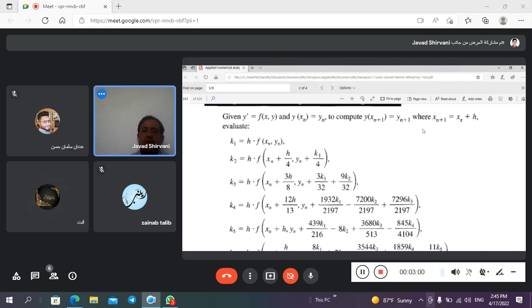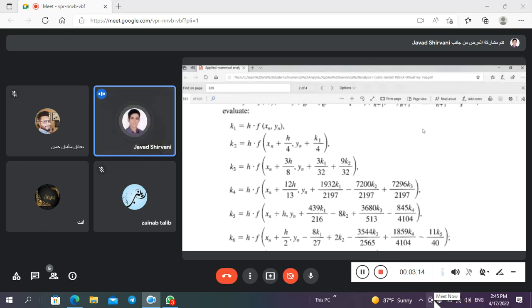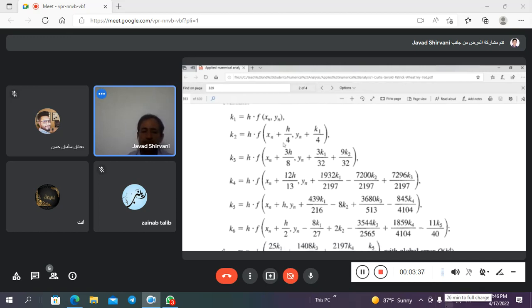K1 equals step h multiplied by f(xn, yn). K2 is h multiplied by f at a point between xn, yn and xn+1, yn+1. For example, this point: xn plus h divided by 4 and yn plus k1 divided by 4.